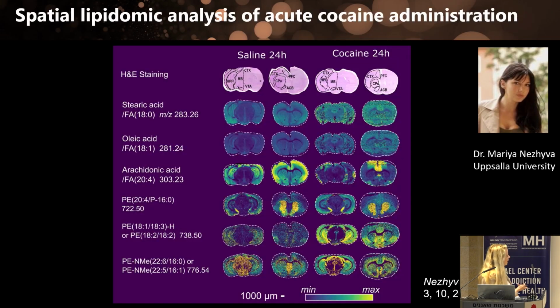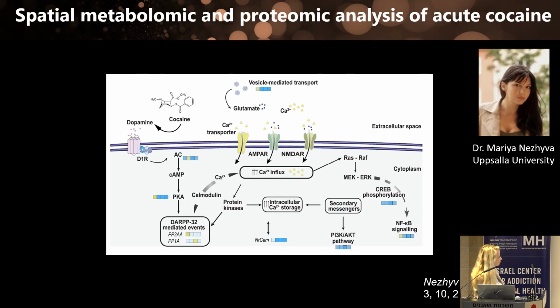So arachidonic acid, and I'll show you it here, is strongly elevated in all regions of the reward system. So are the lipids like polyunsaturated phosphatidylethanolamines that are synthesized in mitochondria, which are very much elevated, and it can also be a coping mechanism with oxidative stress that the mitochondria is facing.